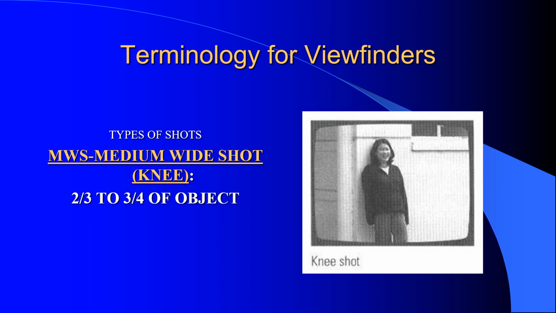A medium wide shot, again, is moving in a little bit closer on the object or the subject. Sometimes these are called knee shots, meaning that at the bottom of the frame, the subject is cut off at the knees. So it includes just two-thirds to three-quarters of the subject.